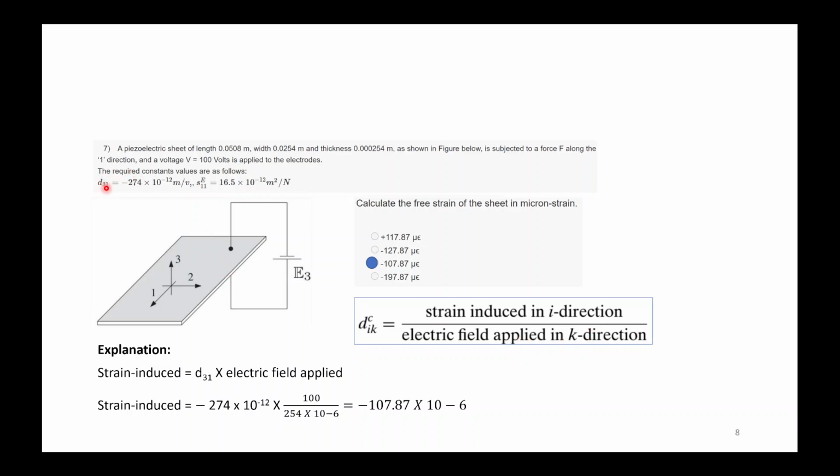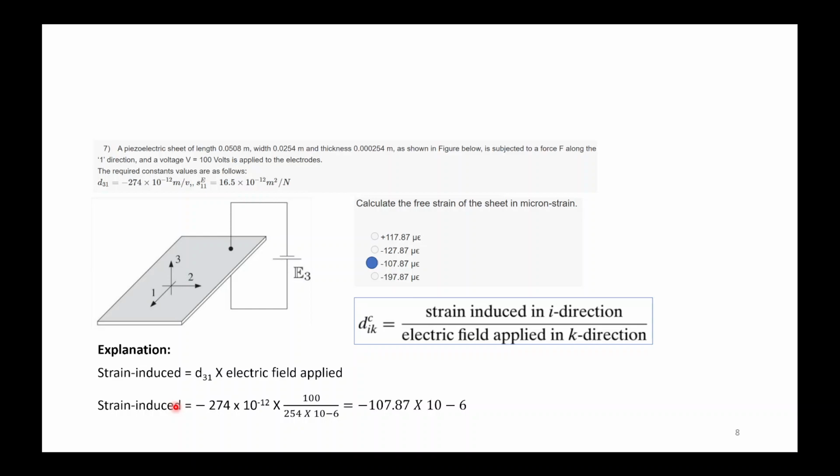K is here 1, in the one direction we are applying the electric field. Now the strain induced, if we want to calculate this part, we multiply both of these. So D31 multiplied by the electric field applied.